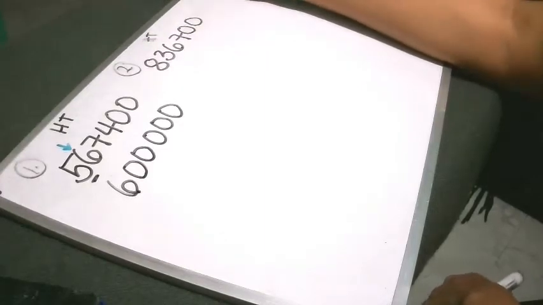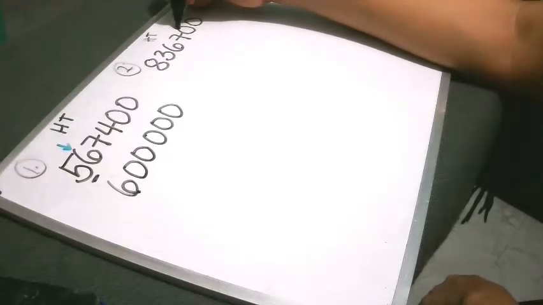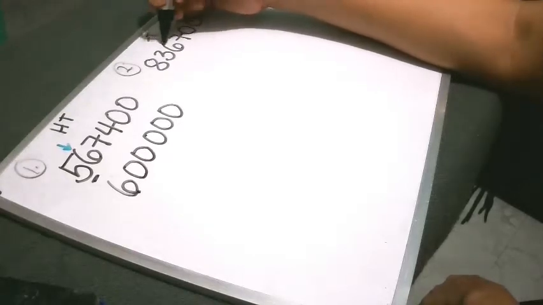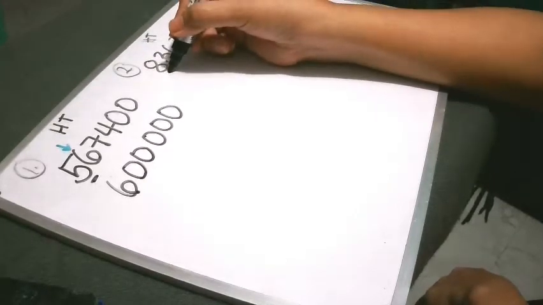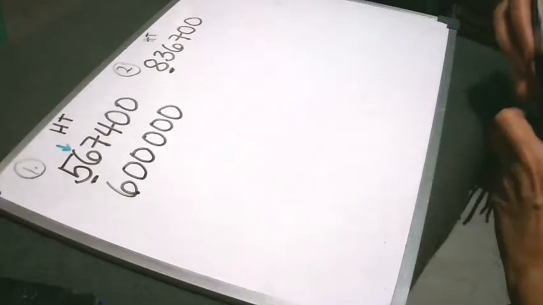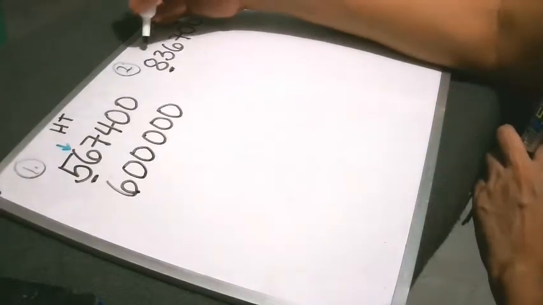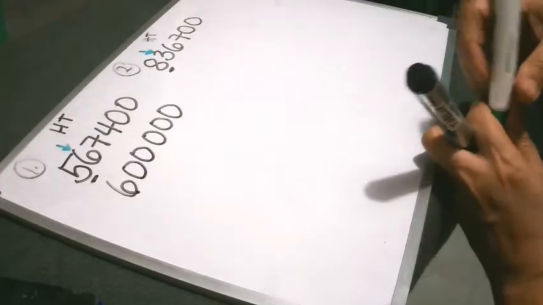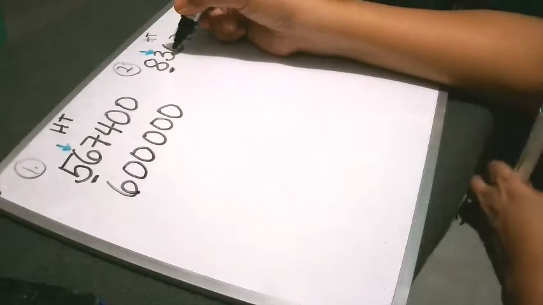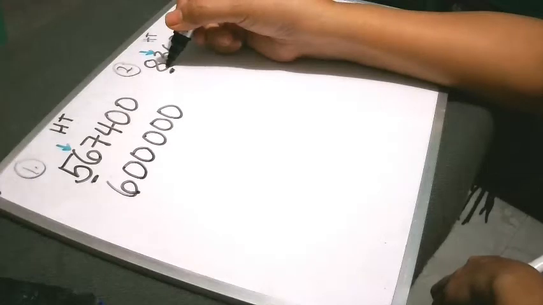Another one, the same, you are asked to round this off to the nearest 100,000s. So this is the ones place, ones, tens, hundreds, thousands, 10,000s, 100,000s, meaning to say 8 is the number that we are going to round off. And look at the number to its right side. The number to its right side is 3. Meaning to say, the 3 here will help us decide whether 8 will remain 8 or 8 is added with 1.